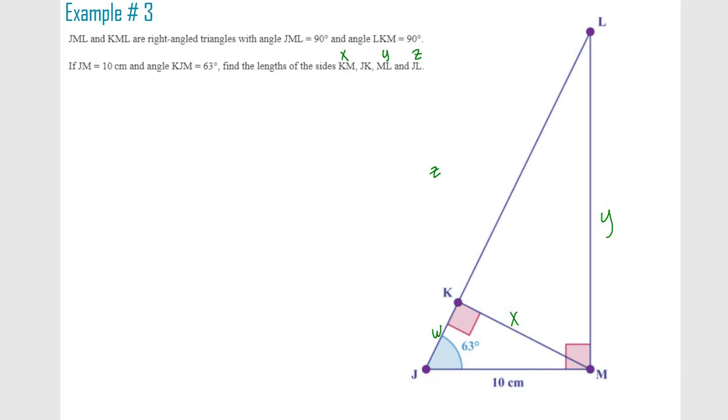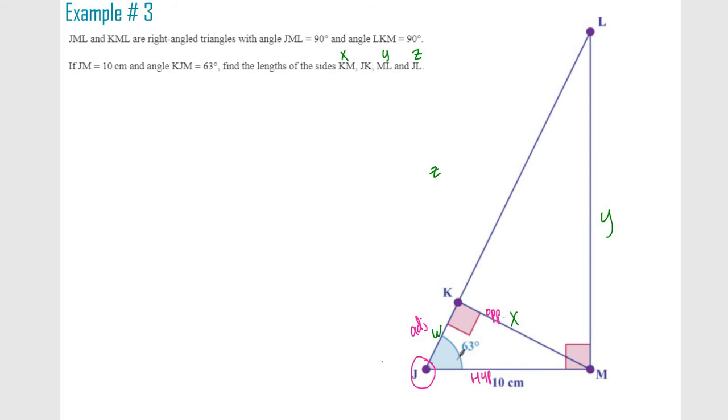So this one, we know across from the right angle is our hypotenuse. Next to it is called our adjacent. I don't want you to be confused by more variables. And then this one is your opposite.